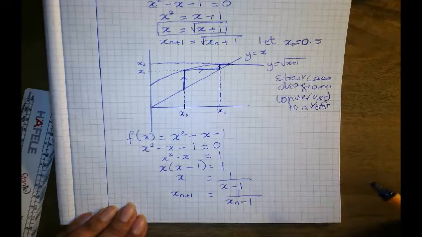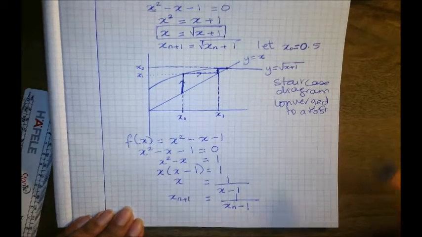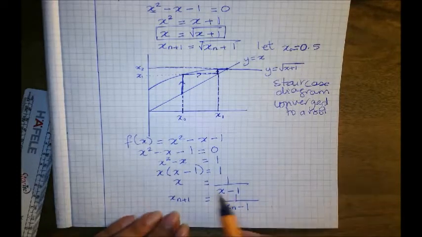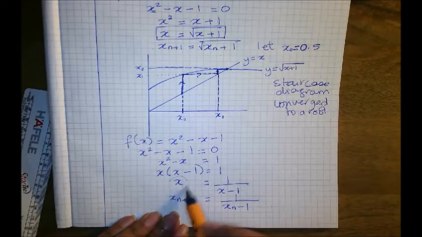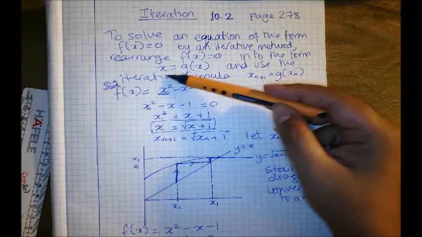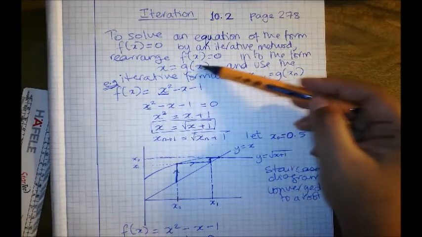I would then have x squared minus x equals 1. Actually, what I'm going to do is I'm going to take 1 to the other side, and I will then factorize it out, and I will get x minus 1 equals 1, and then I will have x.